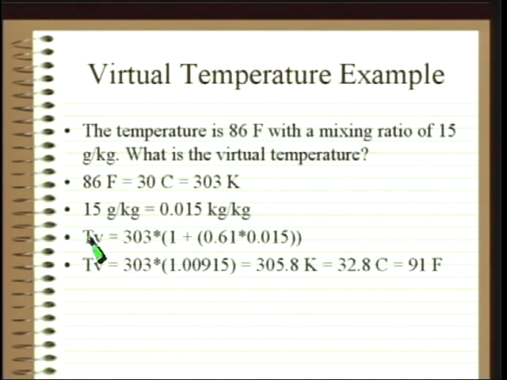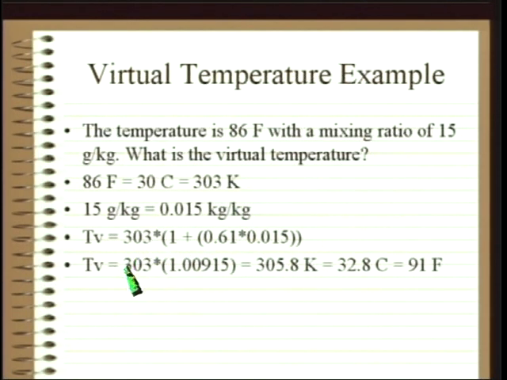So with 86 degrees Fahrenheit, we convert that to Celsius, and that's 30 degrees Celsius, and then add 273 to that to get it in the units of Kelvin, 303 Kelvin. And for the mixing ratio, as I mentioned, that needs to be converted into kilograms per kilogram. So you take 15 divided by 1,000 to get 0.015 kilograms per kilogram.